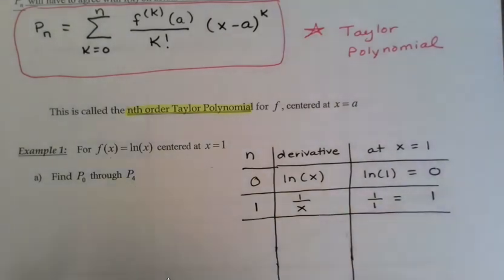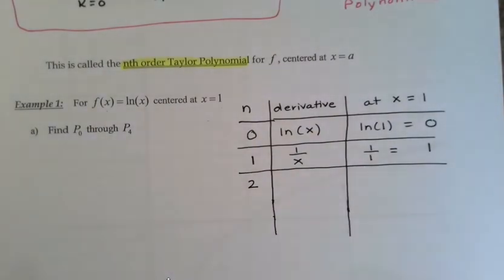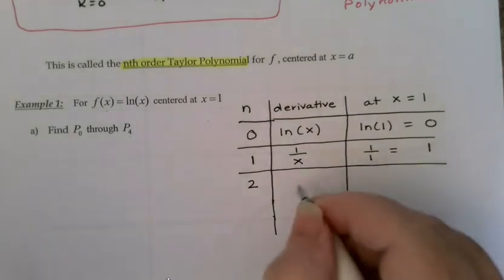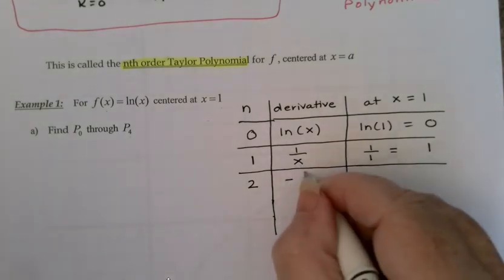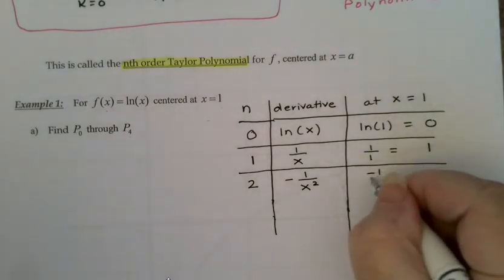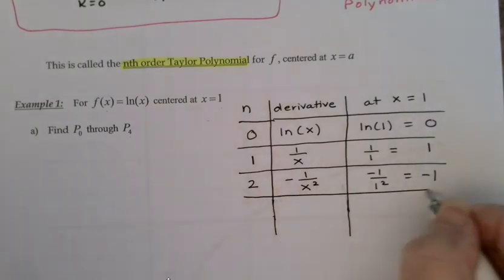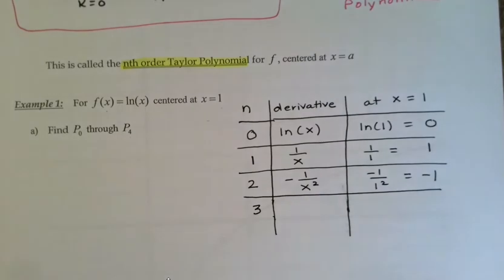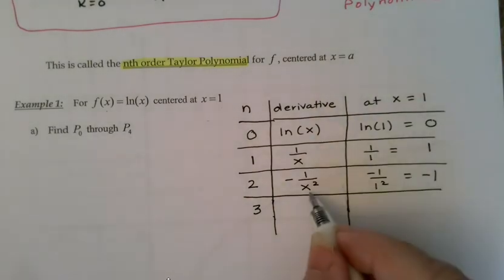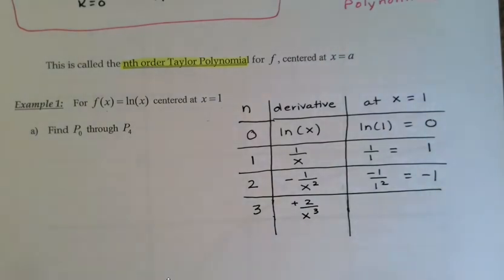We're going to need to go all the way up to the 4th term, so I'm going to go through the 4th derivative here. Second derivative, that would be x to the minus 1, so minus x to the minus 2, or negative 1 over x squared. Negative 1 over 1 squared gives me negative 1. Third derivative, that's minus x to the minus 2, so that would be positive 2x to the minus 3, which is x cubed on the bottom.